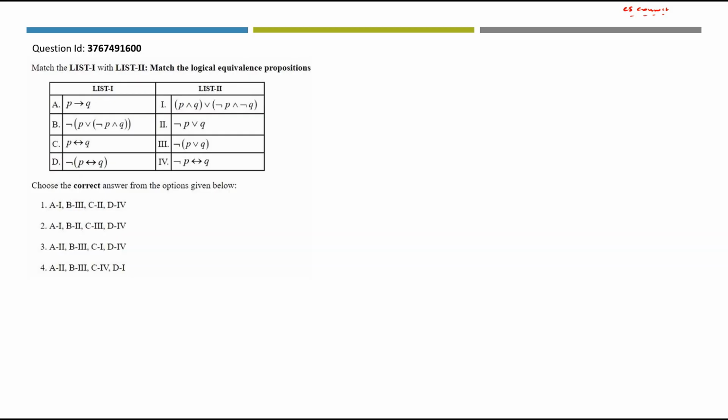In list 1, let's go for A. We have P implies Q. We know P implies Q is equivalent to negation of P or Q. This is one of the propositional equivalence laws that we know. So based on that, we are mapping A to 2. A2 is available in 2 of the options. Next, we have one more law with regard to bi-implication operation.